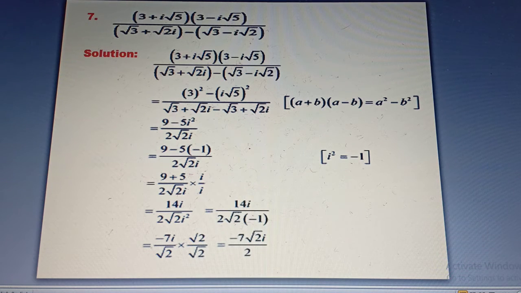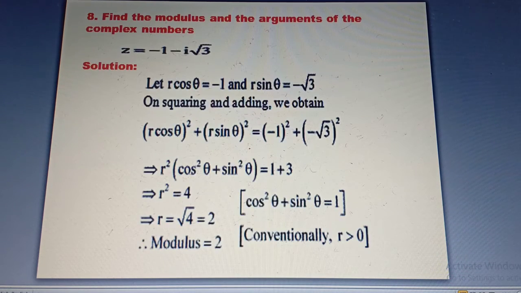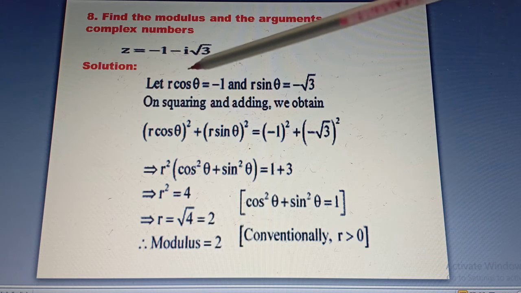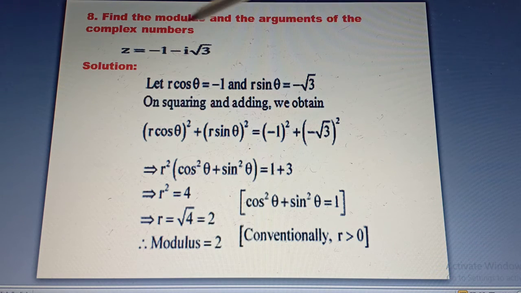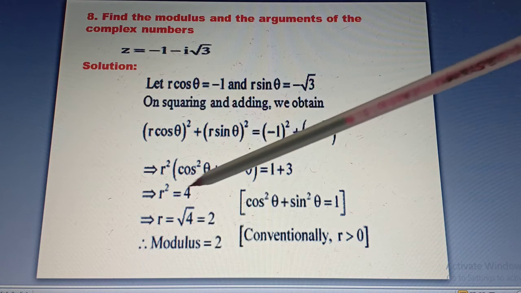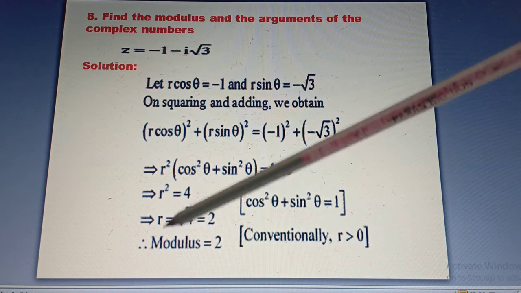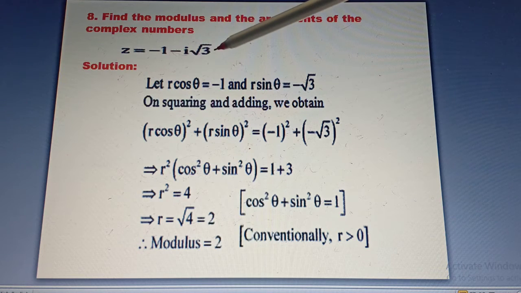So students, the next question is to find the modulus and argument of the complex number. So what is the modulus? Modulus is r. How to find r? r is root over a square plus b square.